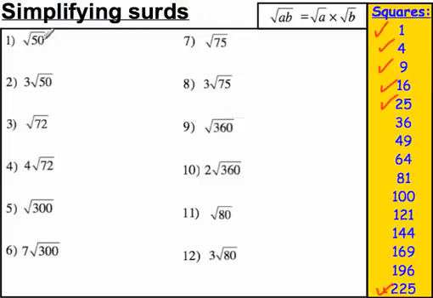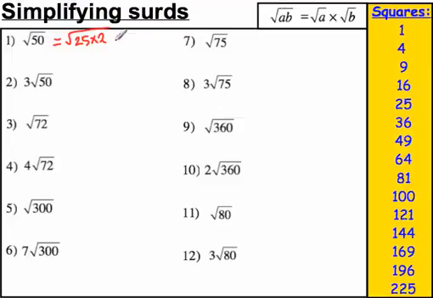Imagine I'm asked to simplify the surd square root of 50. The first thing I do is look down my square numbers which are less than 50, starting off with 49, and decide which is the biggest number that divides into 50. 49 doesn't, 36 doesn't, 25 does. 25 goes into 50 twice, so I can write the square root of 50 as the square root of 25 times 2.